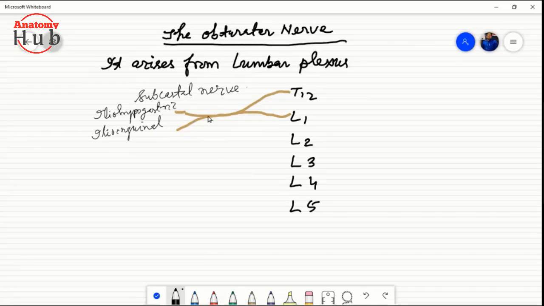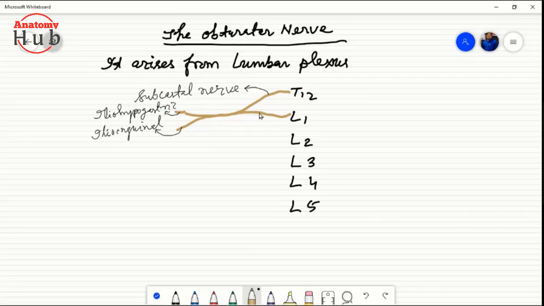That means the subcostal nerve merges with the L1 spinal nerve, then divides into two: the iliohypogastric nerve and the ilioinguinal nerve.